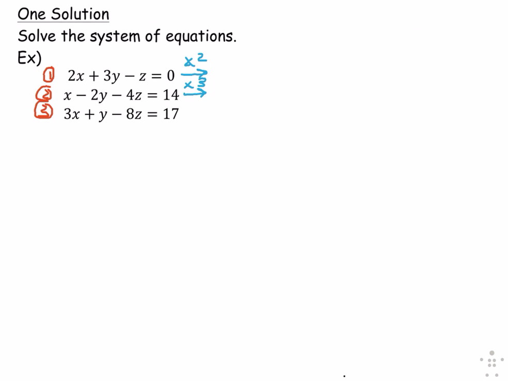Make sure when you multiply that you distribute to every term on both sides of the equation. Zero times 2 is 0. Distribute the 3 to the second equation.